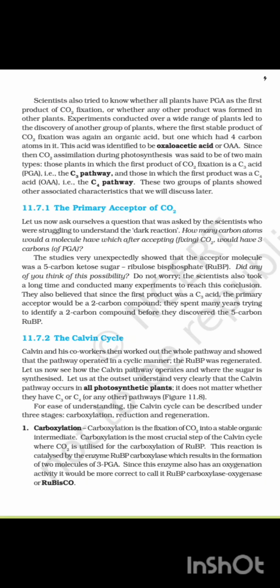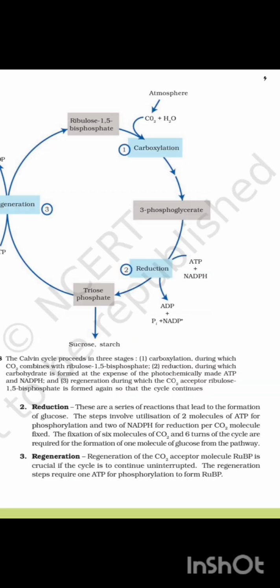This reaction is catalyzed by the enzyme RuBP carboxylase, which results in the formation of 2 molecules of 3-PGA. Since this enzyme also has an oxygenation activity, it would be more correct to call it RuBP carboxylase-oxygenase, or Rubisco.